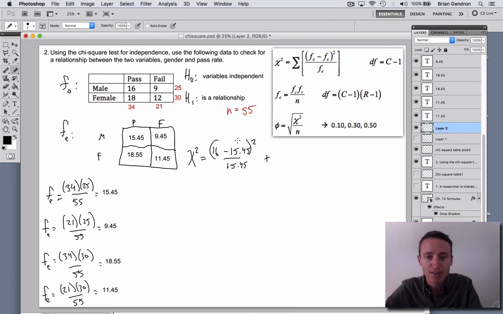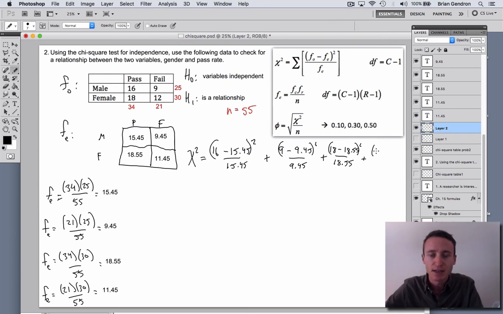So add that to all of that information for your second box, top right. The observed value of 9, compare that to the expected value of 9.45, square that difference, divide by your expected value of 9.45, add that to your, let's do the third one, which is the bottom left, your observed value of 18, minus the expected value of 18.55, square that difference, divide by your expected value of 18.55, and then finally, bottom right box, the observed value of 12, subtract the expected value of 11.45, square the difference, and then divide by your expected value again.